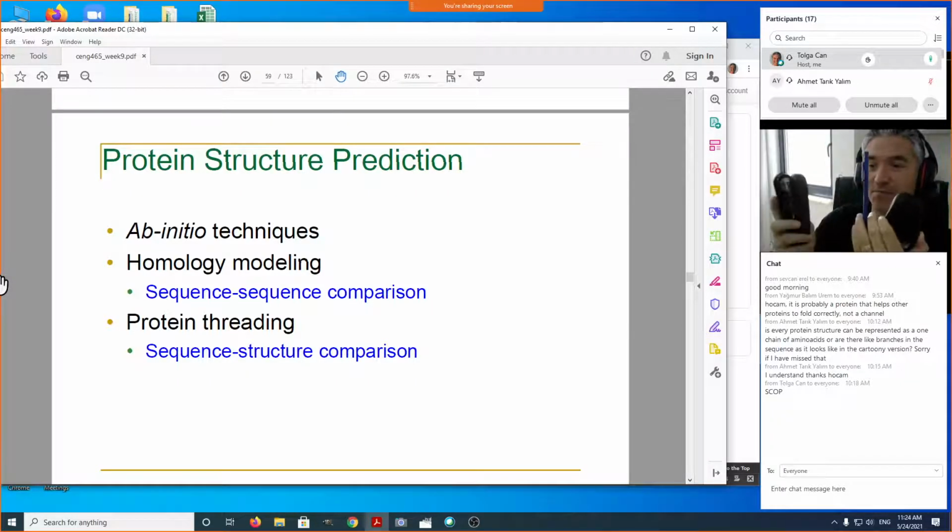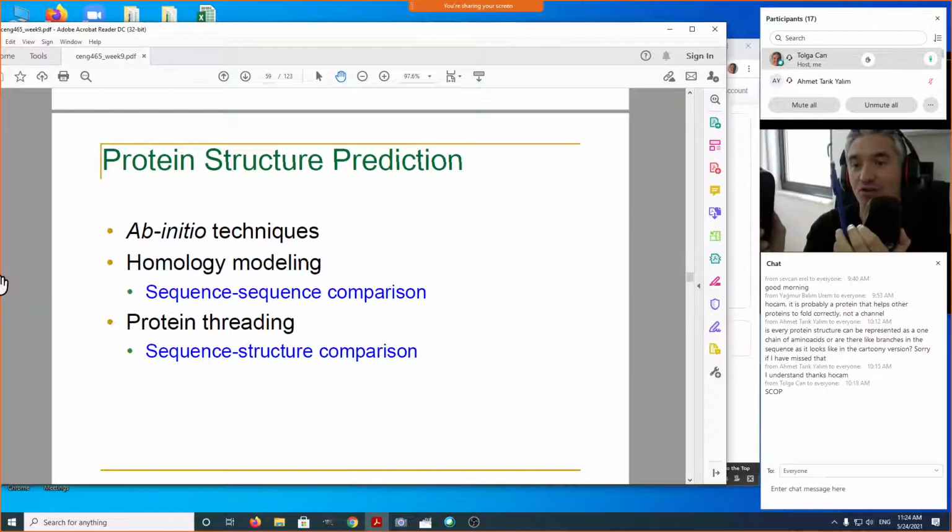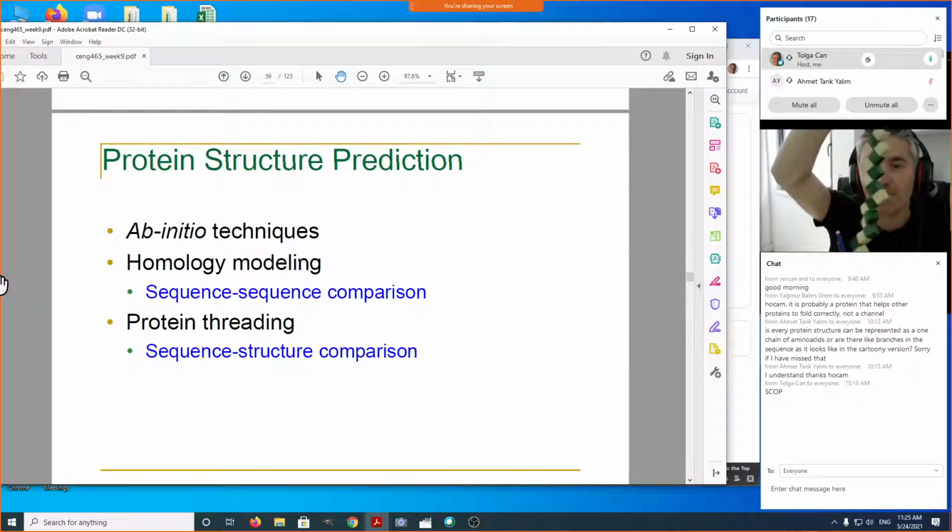So if you have your protein structure universe represented by these known shapes, this linear chain of amino acids is going to be one of those four things.